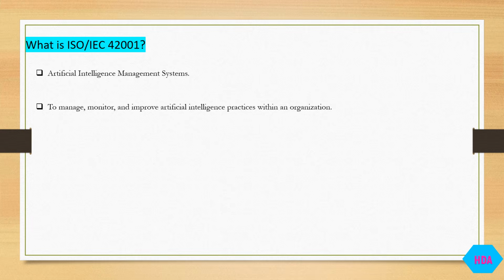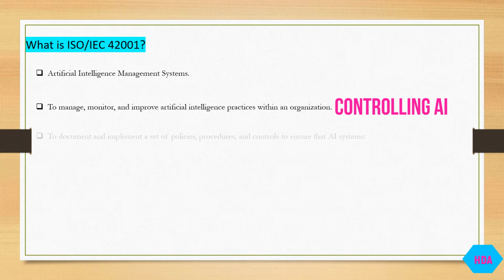So the next obvious question is, what is ISO IEC 42001? It is a standard on artificial intelligence. So ISO 42001 is about managing, monitoring and improving AI practices within an organization.